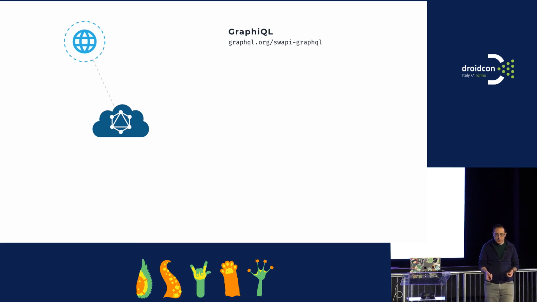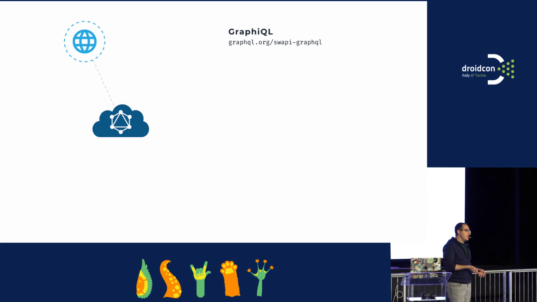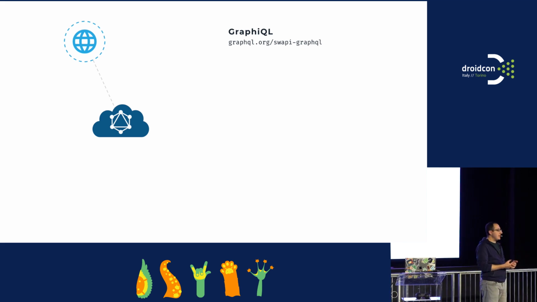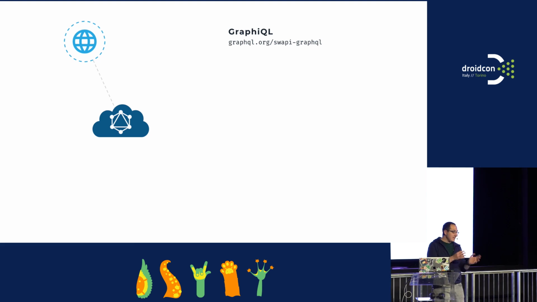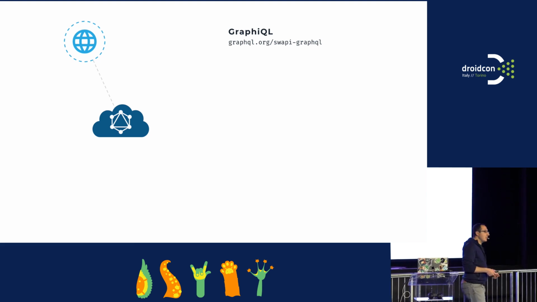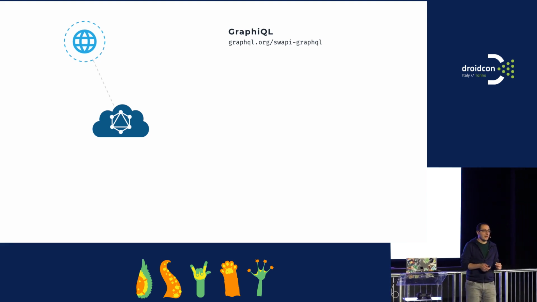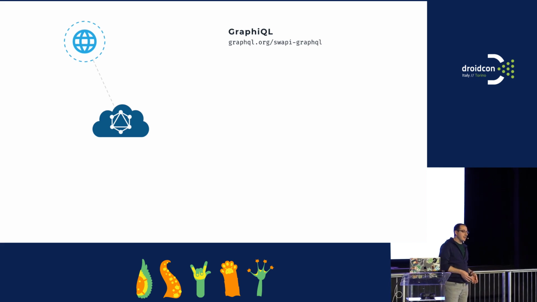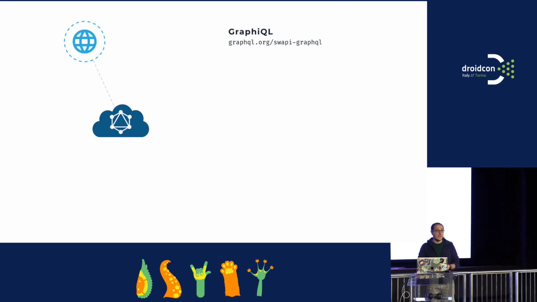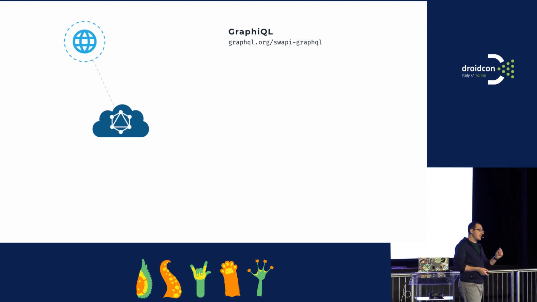So, usually this tool is hosted on your backend. So you actually have it as a web interface, as a website with a bunch of very big edit texts, in which you write your query, pass your parameters in another edit text, and on a text view on the side, you get the response. Why is this important? Because since it's on your backend, it actually knows how to fetch the schema.